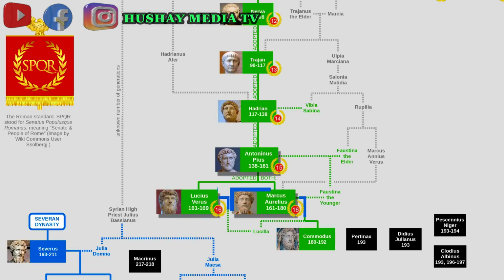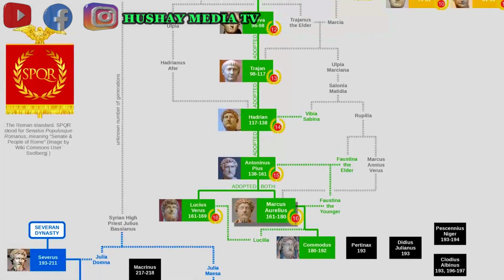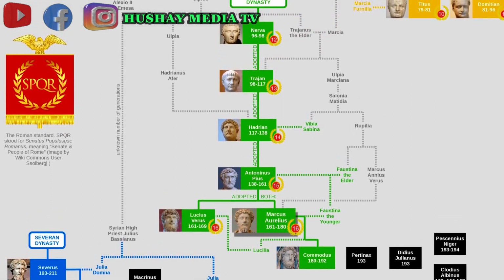Lucius Verus was married to Marcus Aurelius's daughter, and Marcus Aurelius was married to Antoninus Pius's daughter. Lucius Verus did not rule as long as Marcus Aurelius, so Marcus Aurelius is usually remembered as the main emperor for that period. If we take him and the previous emperors back to Nerva, we get 5 emperors.